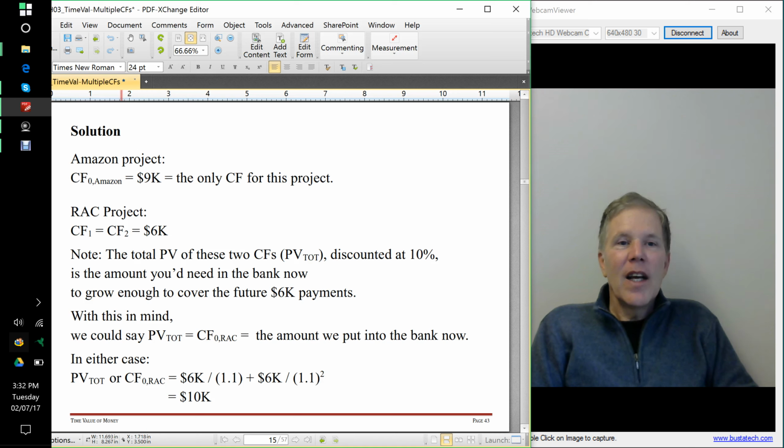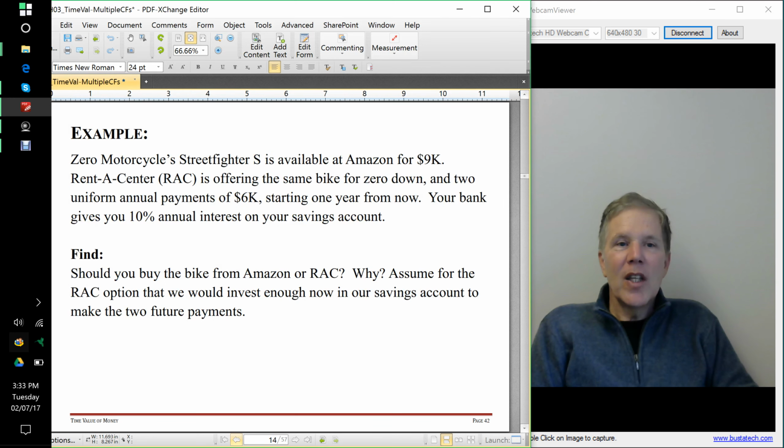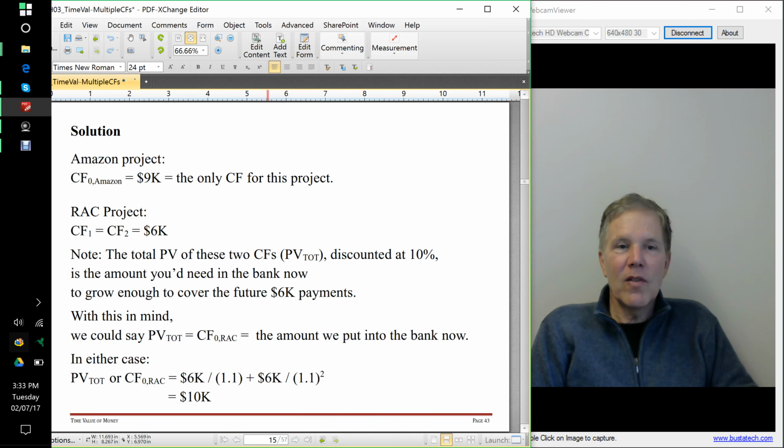And in that project we have CF1 equals CF2 equals 6,000. Remember, the deal with Rent-A-Center is we get the bike now, and a year from now we pay them 6,000, and then in 2 years we pay them another 6,000.